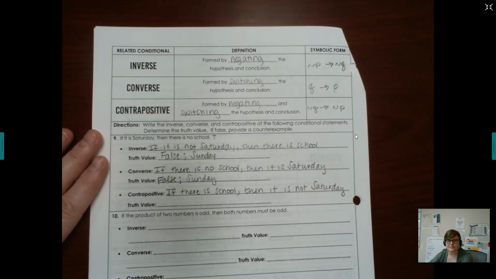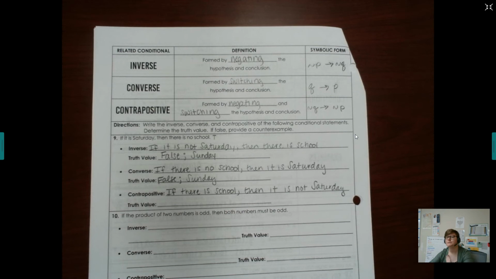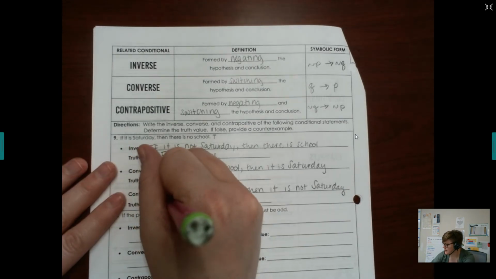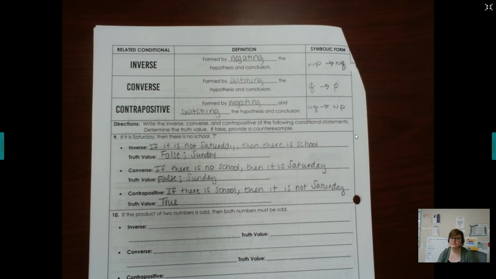Right? And this one is true since there is never school on Saturday unless you're like in college, but we're talking about high school. This one is true. If you don't have school, it must not be Saturday. Or if you do have school, it must not be Saturday.